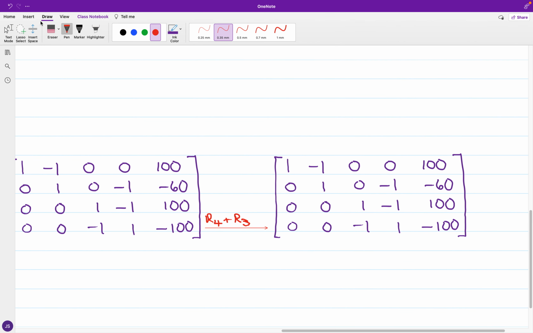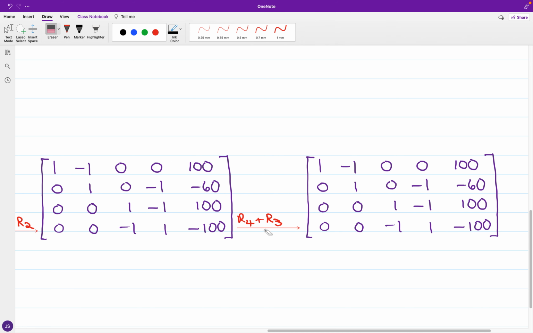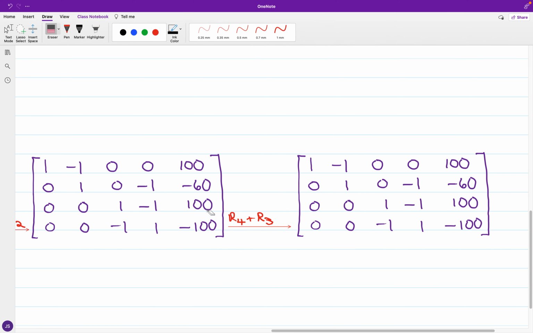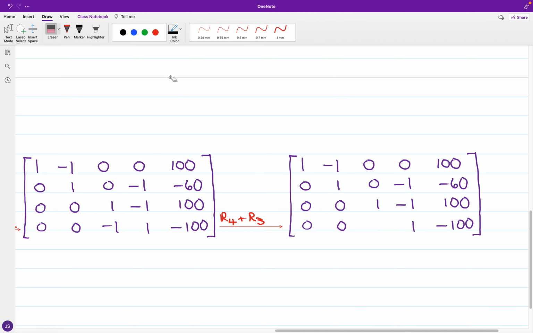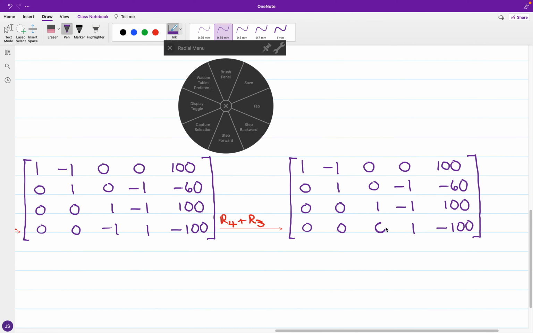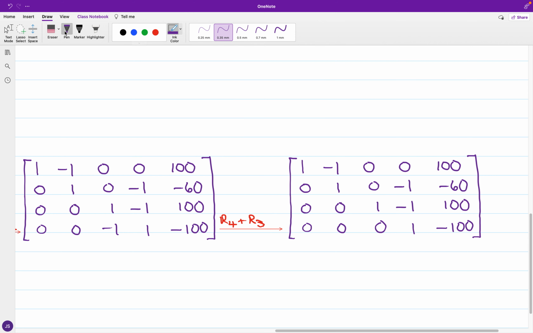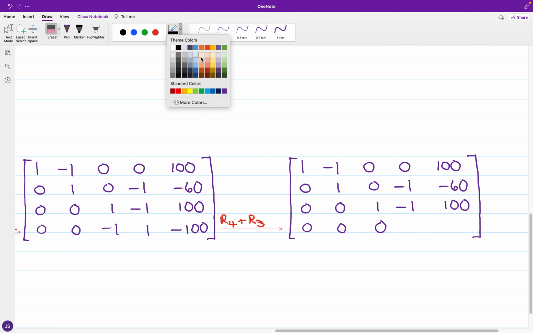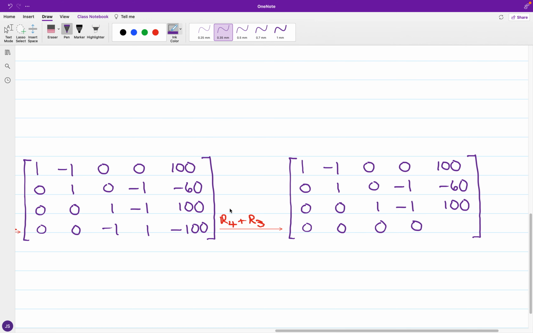Just adding together, we got 0 plus 0 is 0, 0 and 0 is 0, negative 1 plus 1, that is going to be 0. 1 plus negative 1 is 0. And negative 100 plus 100 is going to be 0.